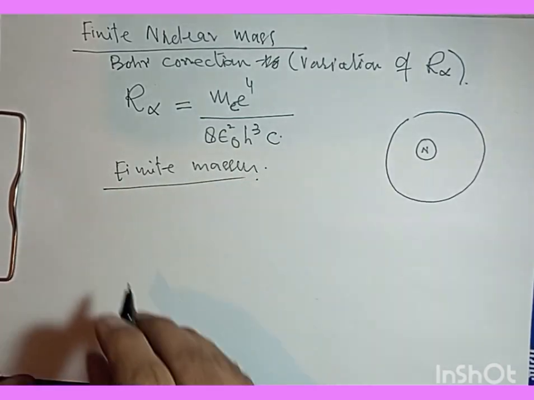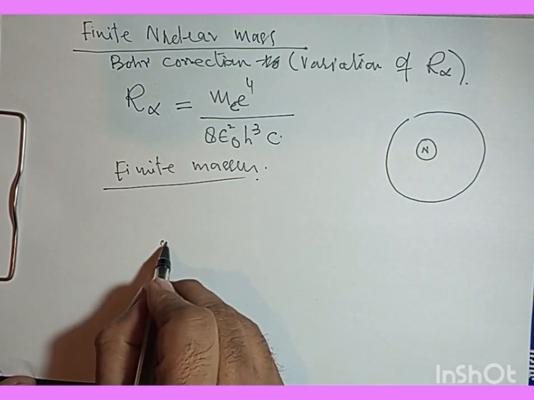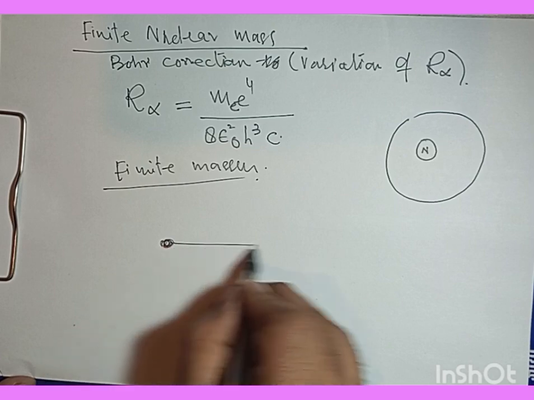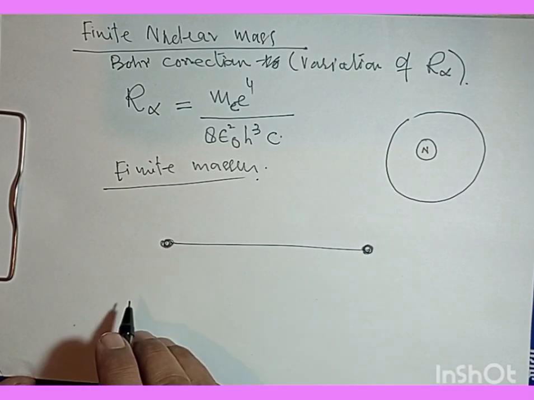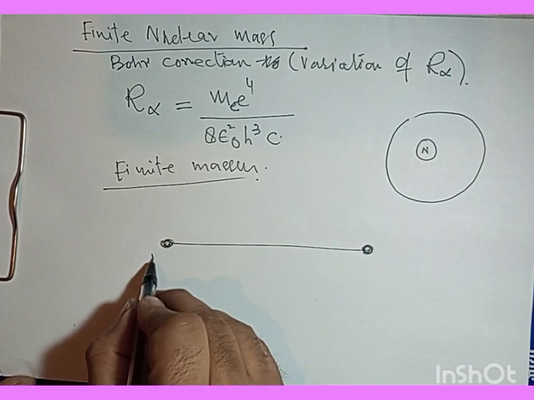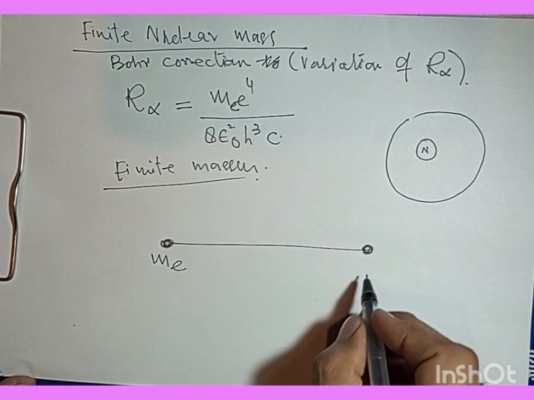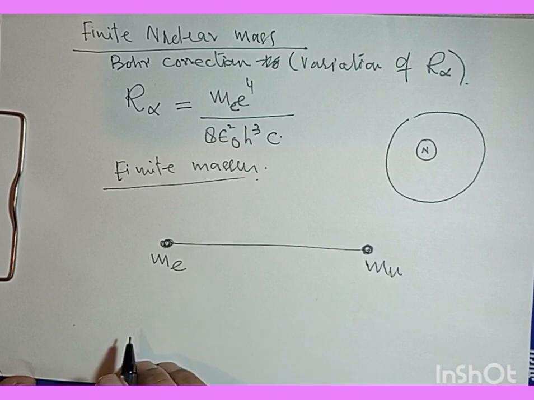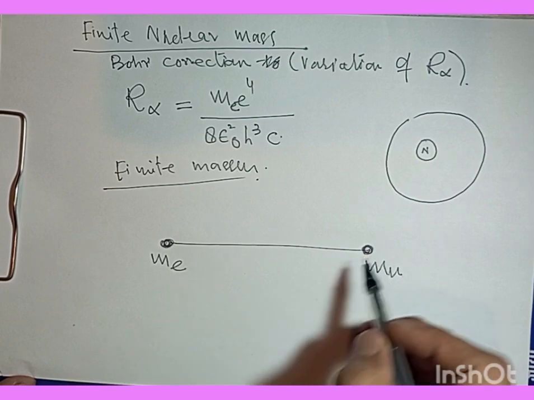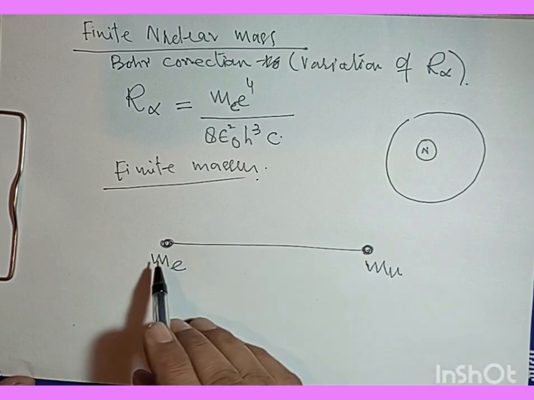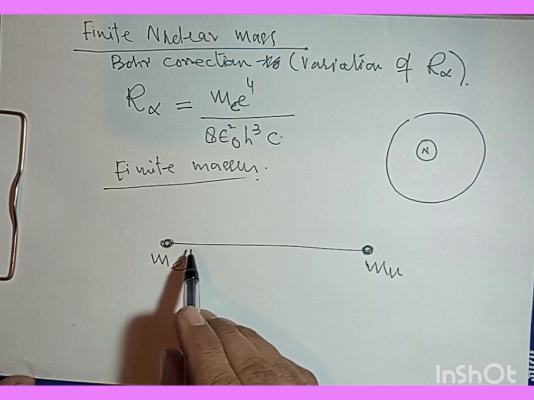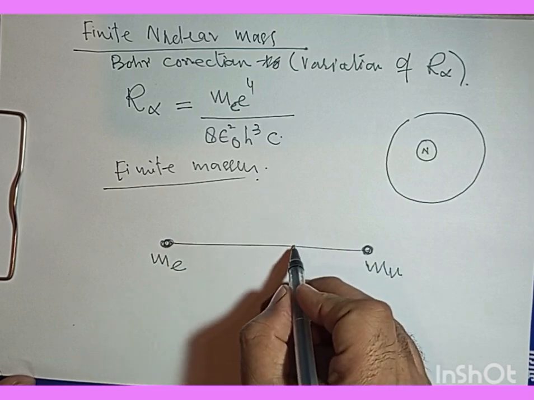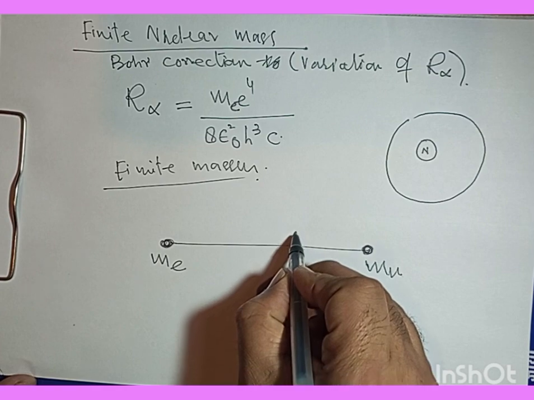Now, if that's the case, then we have a situation like this. We have the electron and we have the nucleus. Let me assume that the mass of this electron is m_e and the mass of this nucleus is m_n. Since this nucleus has a finite mass, the rotation will be with respect to their center of mass.